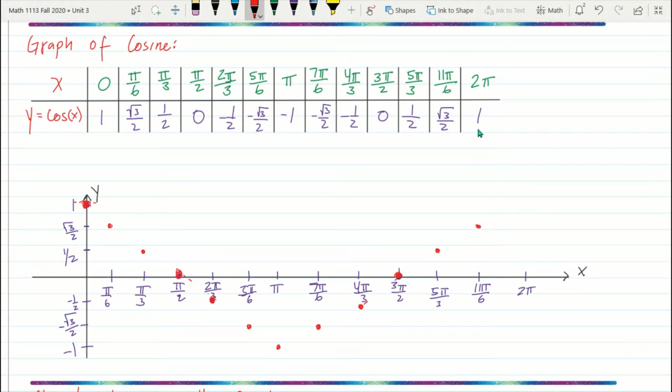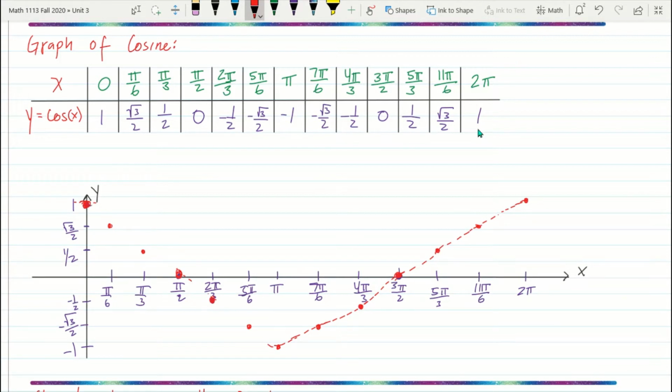And then pi over 2 is this right here, right? So we're going to get something, if we connect all the dots, definitely going to be a very, very sharp graph. And I don't mean sharp as in good.